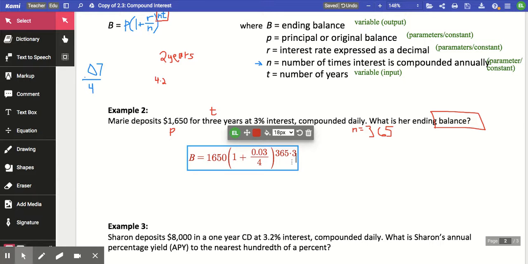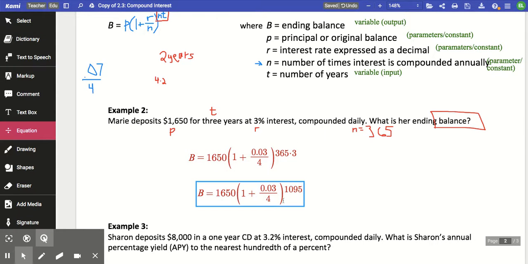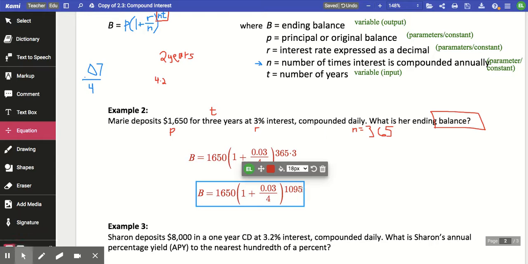So that's going to look like, once we simplify, and I'm going to simplify the exponent first, just to see how many times it is actually being compounded. So over the course of 3 years, this interest would be compounded 1,095 times. So then we would simplify this part of the expression.